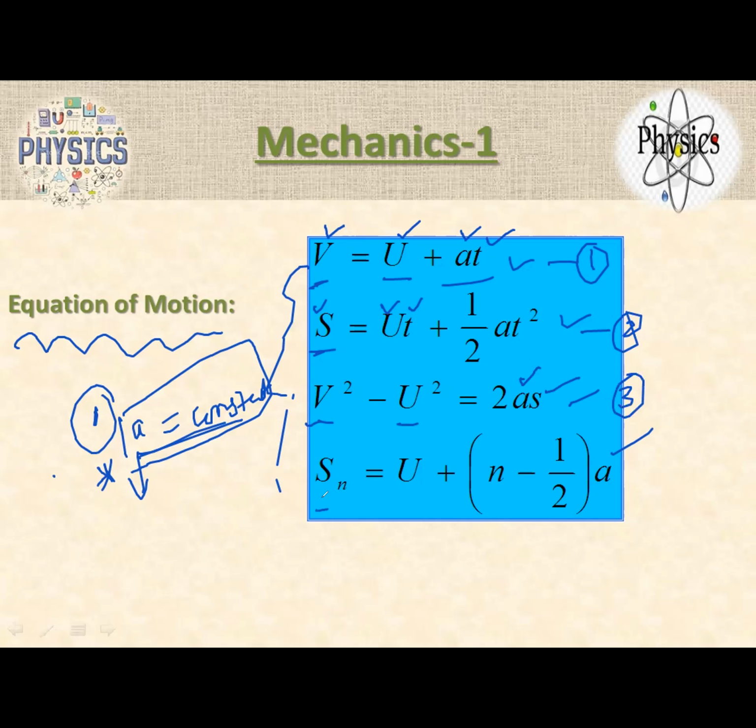The last equation is also important. Suppose you throw a ball, and I ask what is the distance traveled by the object in the nth second, like the first second, second second, third second. Then you have to use this fourth equation.